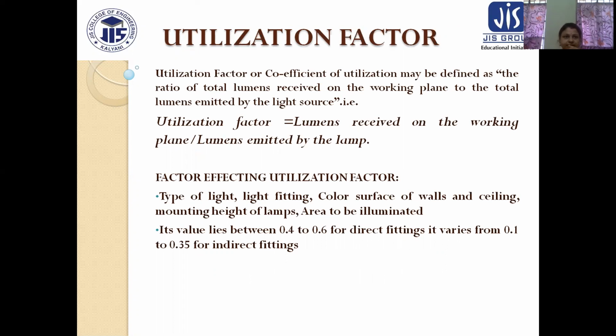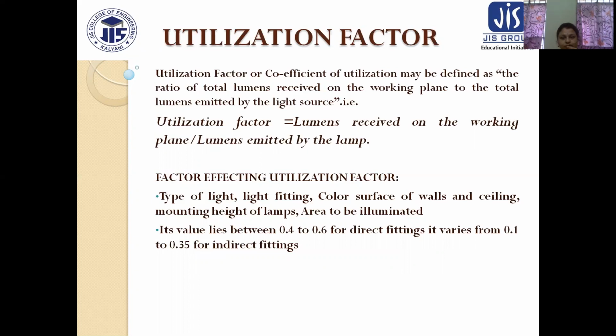But we get sunlight for a particular period of time in a day. That's why it is not enough for our daily tasks. That's why different types of artificial sources are required nowadays.